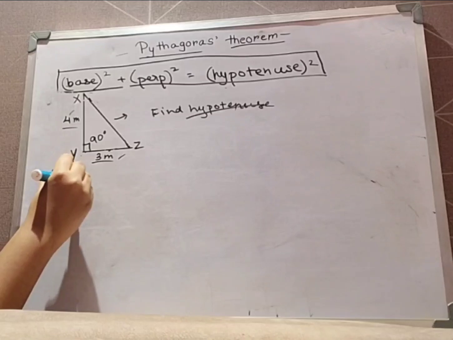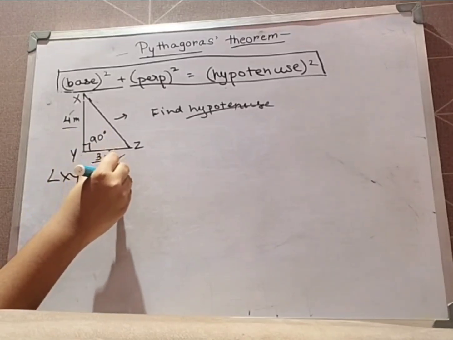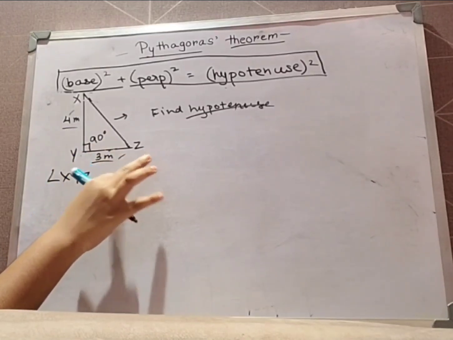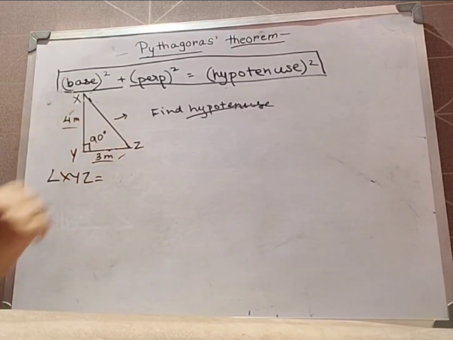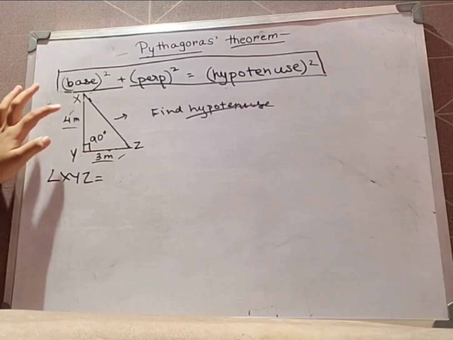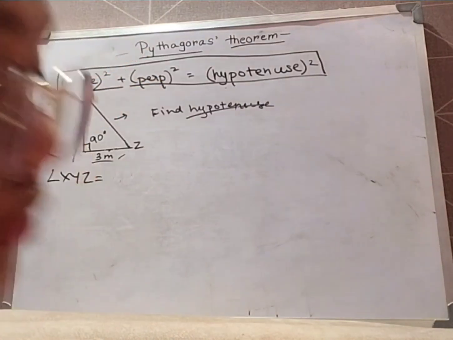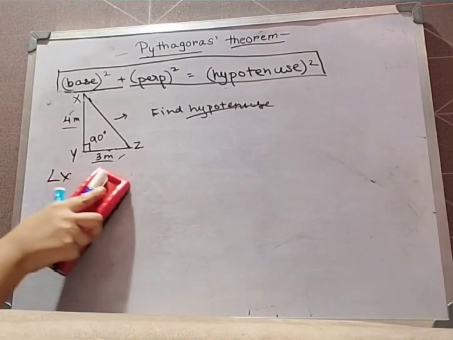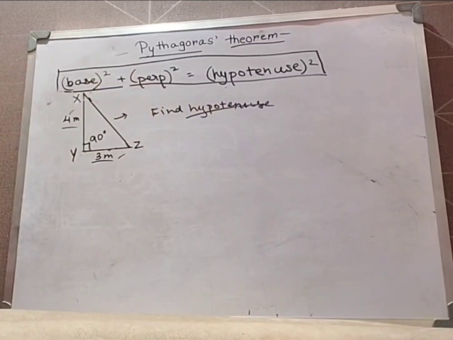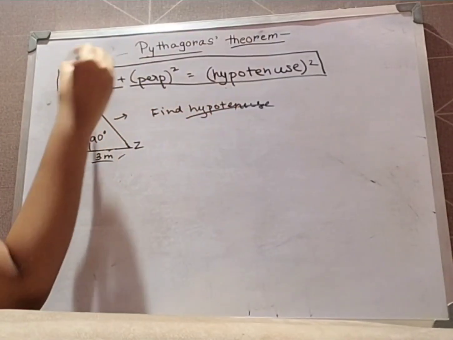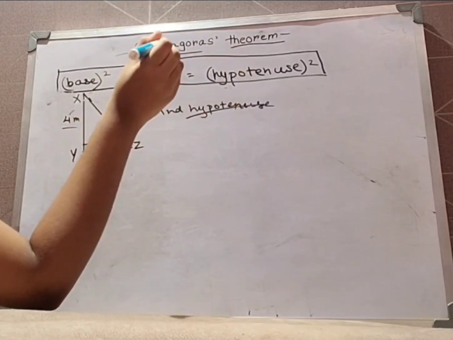So angle XYZ is equal to 90 degrees, right? We are given the base and the height, can you find out the hypotenuse? Yes, we can. We know the formula: base square plus perpendicular square is equal to hypotenuse square.